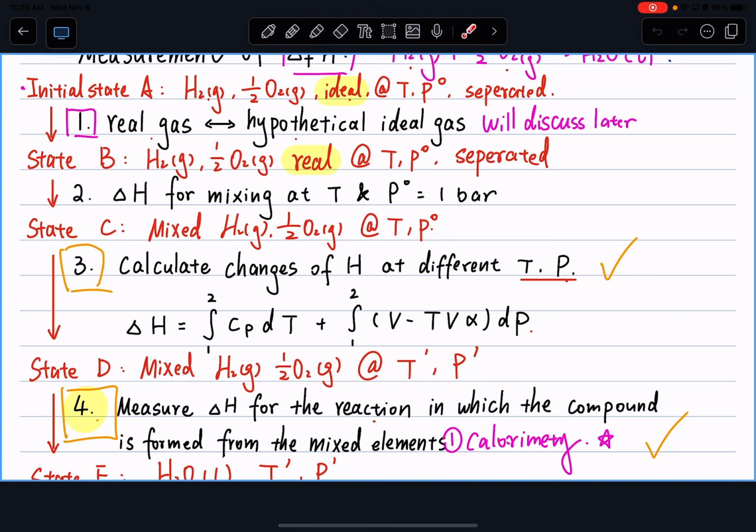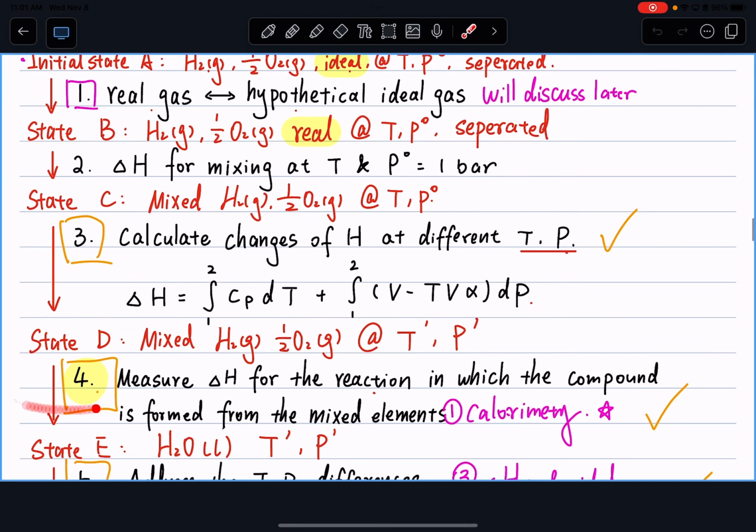We went carefully over how to calculate the change of your enthalpy at different temperature and pressure. We also went over the setup for calorimetry, that's how people use calorimetry to measure the delta H of the reaction.